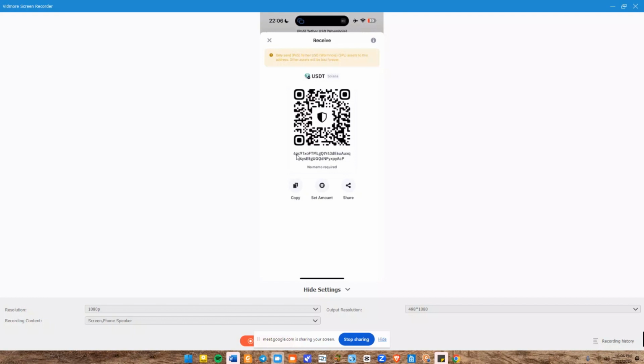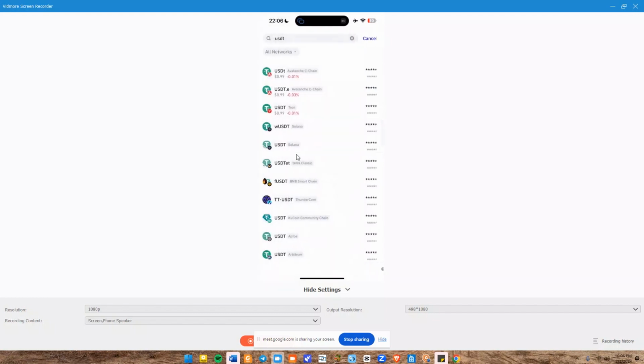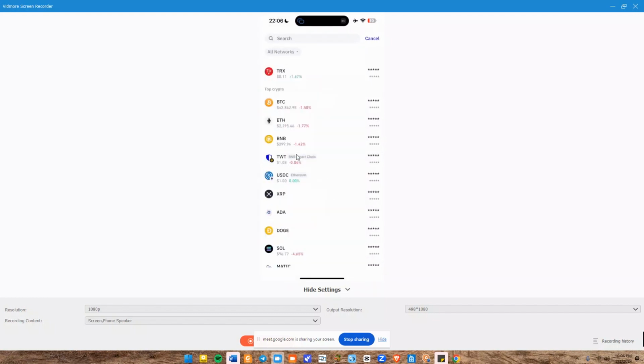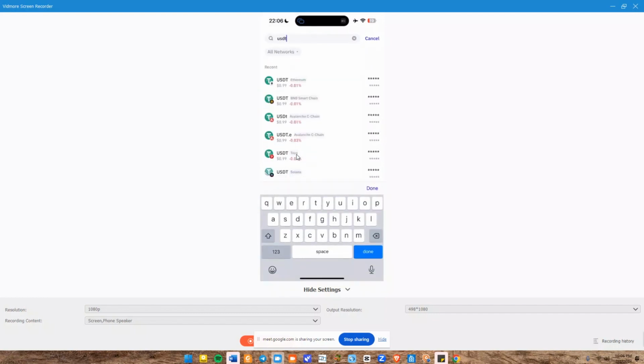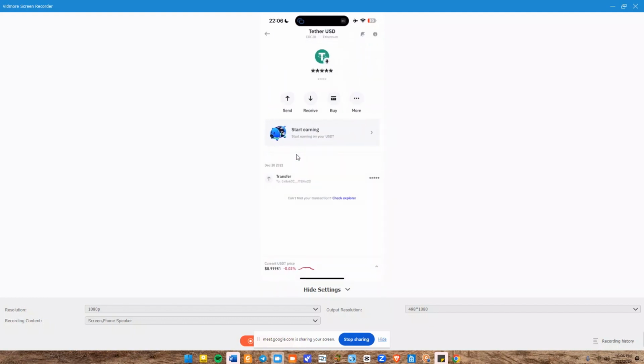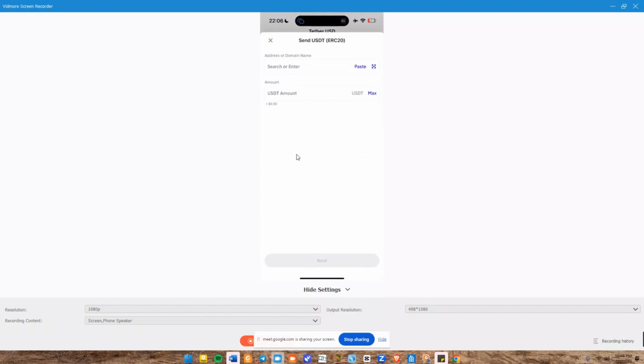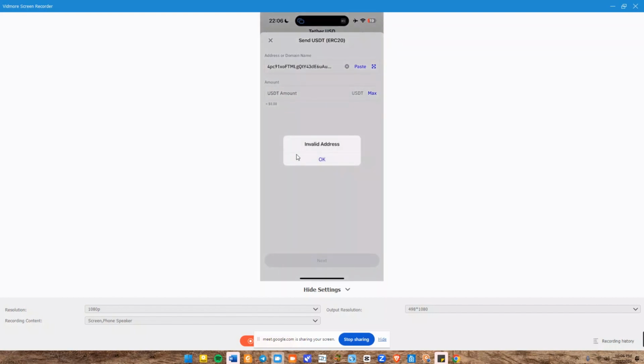So for example, I've picked this wallet, copy address, and now let's say I want to send USDT, and then I choose the Ethereum, and then I click on send. Okay, then I will paste. Now you see it's telling me invalid address. Now this is a feature that has been brought about lately.